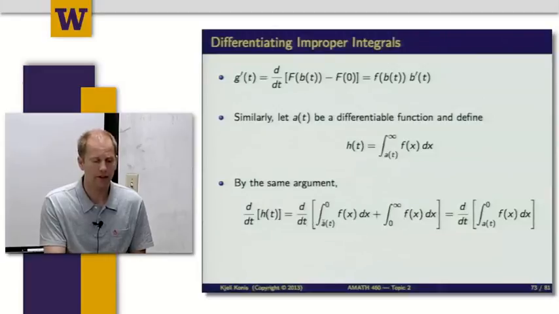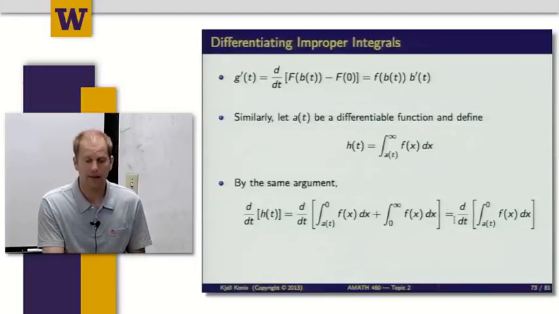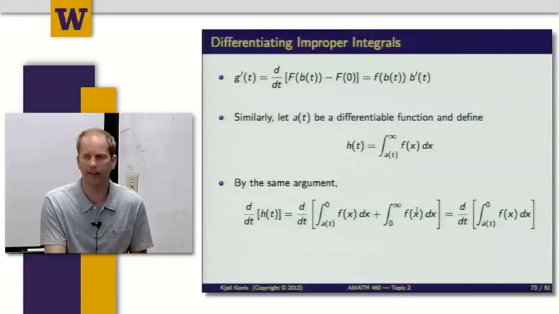So I'm still going to consider integrating this function from a of t to 0, and then adding on the integral from 0 to infinity. And then when I take the derivative of that, this second term is going to be the constant, so that's just going to go away. So the answer here is just going to be the derivative of this first term.